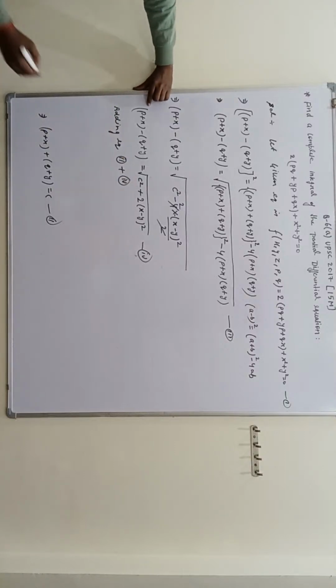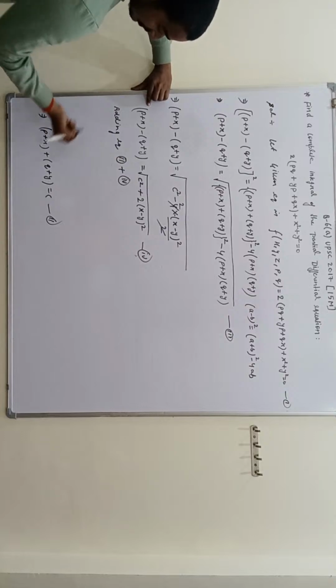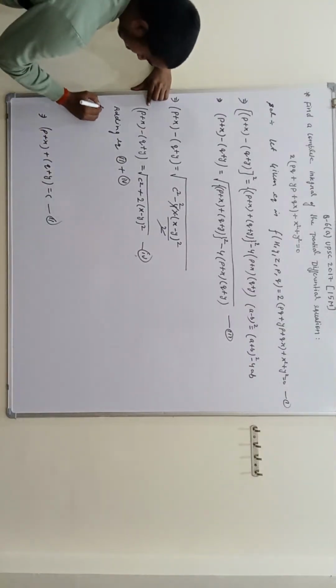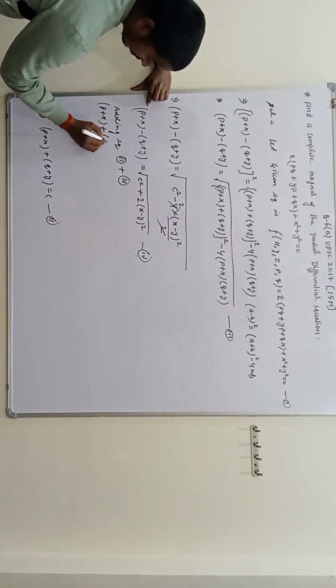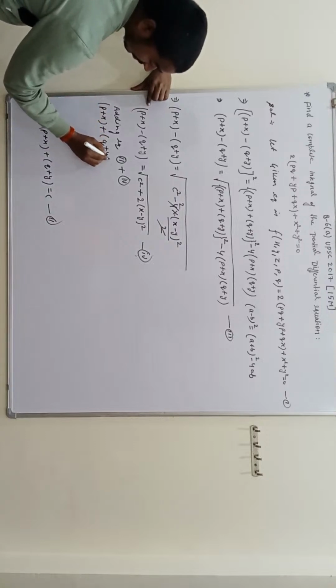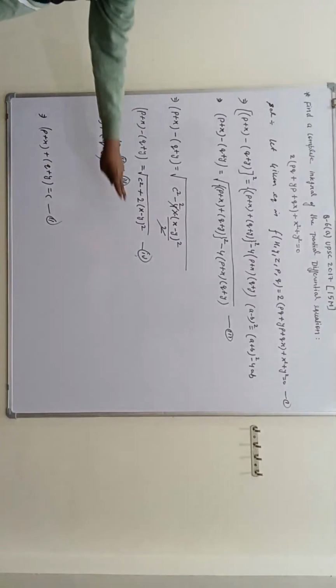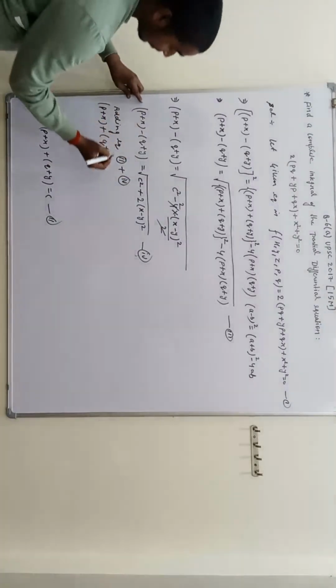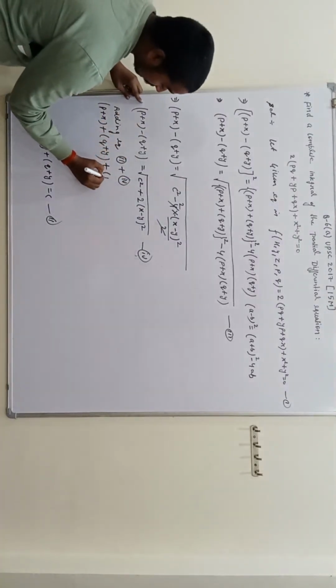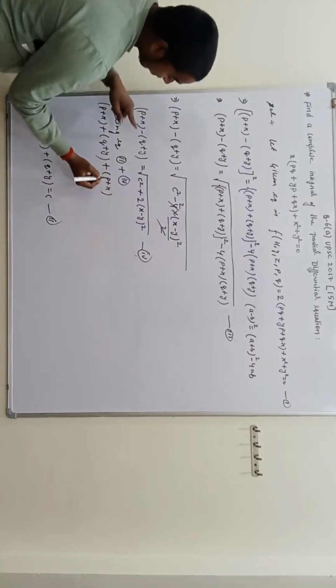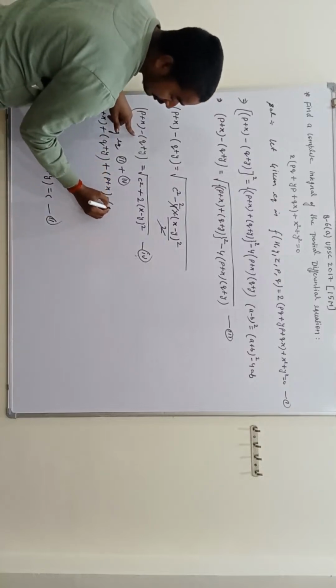Now from here, the left hand side of equation second is (p plus x) plus (q plus y), and that of equation 4 is (p plus x) minus (q plus y).